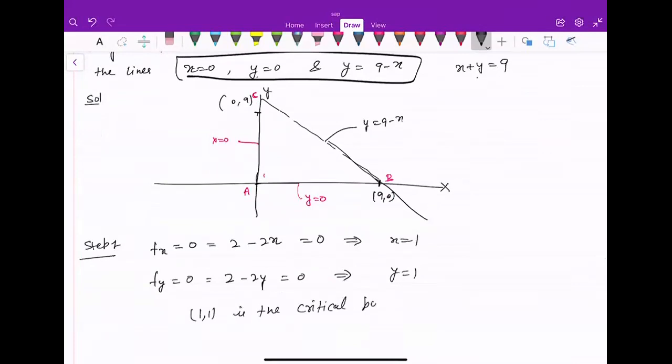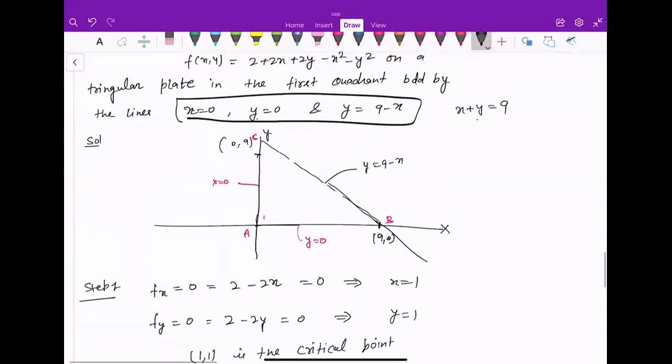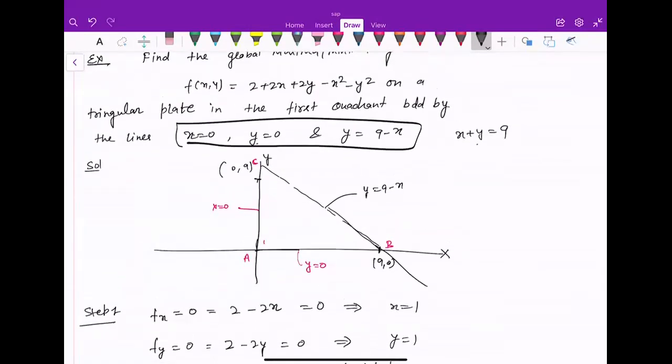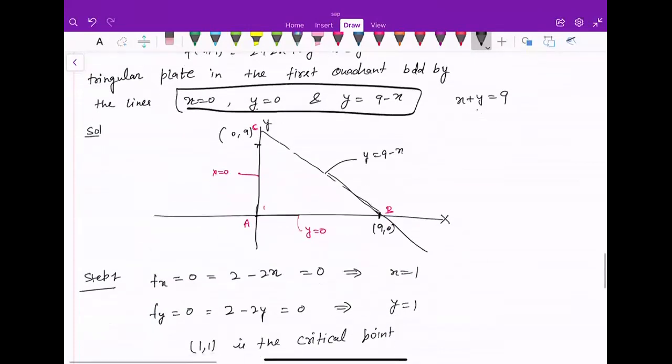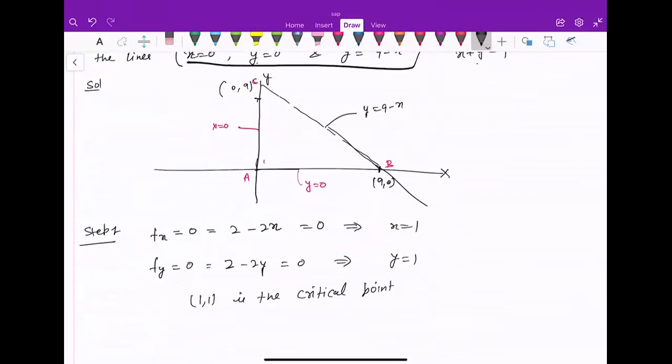critical point. So most important thing here is that (1,1) is your critical point and it must lie inside the region. क्योंकि हम मैक्सिमम मिनिमम जो निकाल रहे हैं वो इस रीजन के अंदर निकाल रहे हैं ना, because the domain is given: x equal to 0, y equal to 0 and y equal to 9 minus x. So we make sure that the critical point must lie inside the domain.